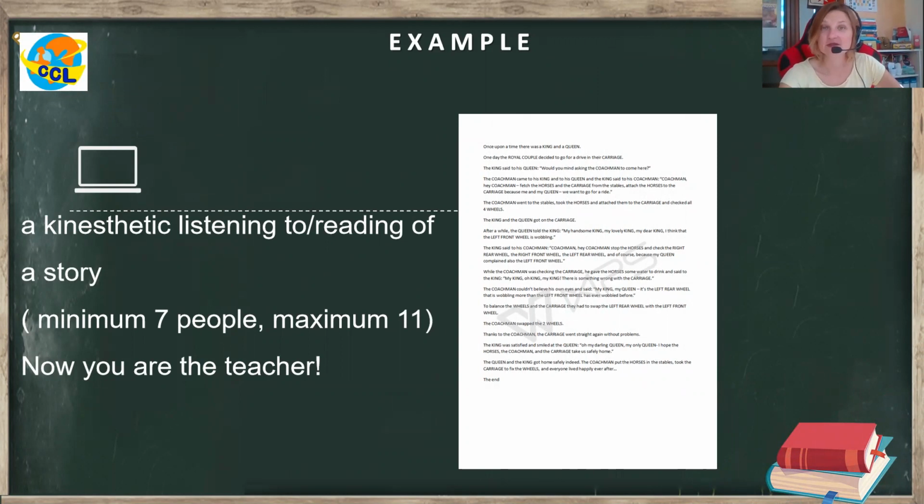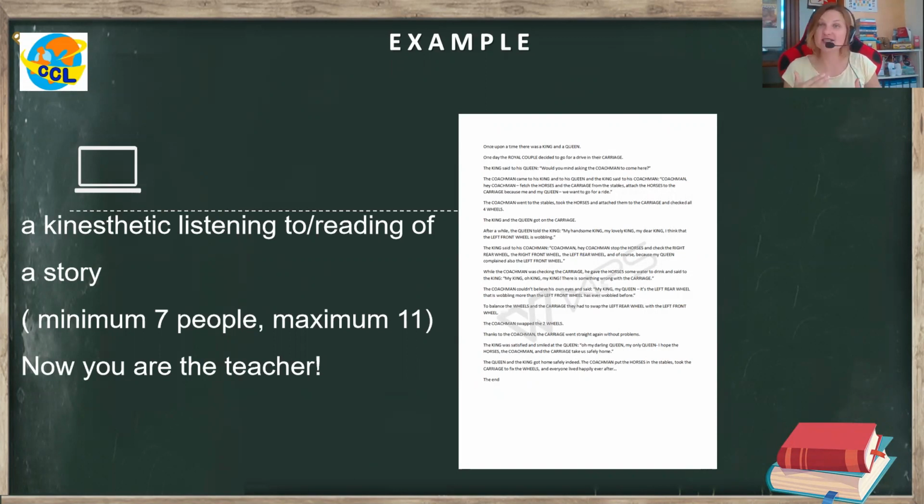Okay, this is an example of an exercise I used in the classroom during the CCL camp last year, and it requires minimum 7 people, maximum 11. Everybody has a character, everyone is someone else or something else. The teacher reads out the story and the people have to stand up and sit down.